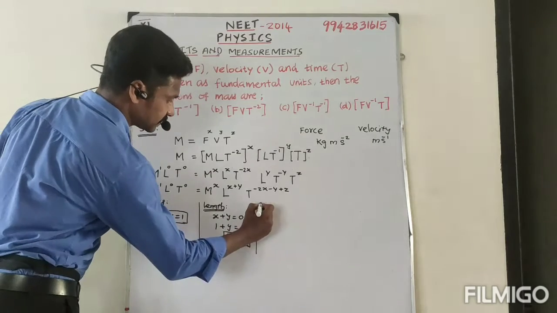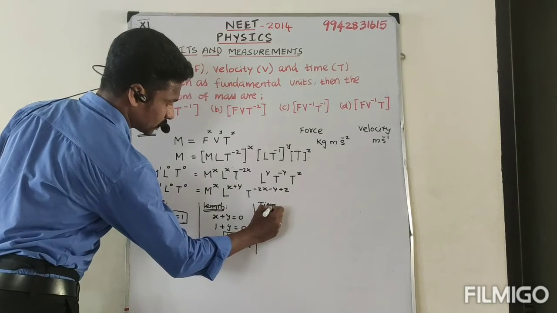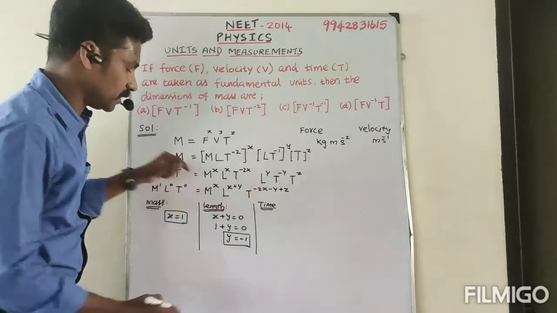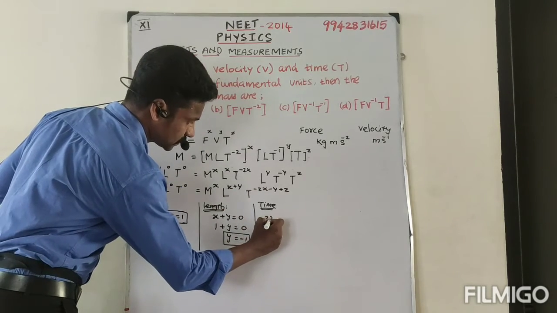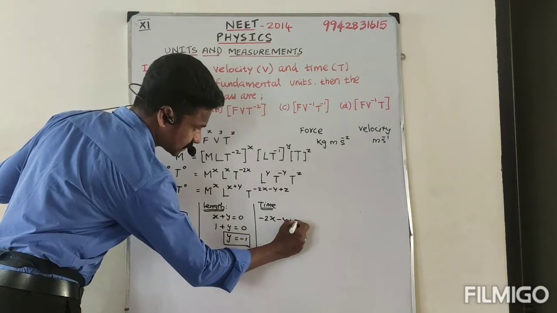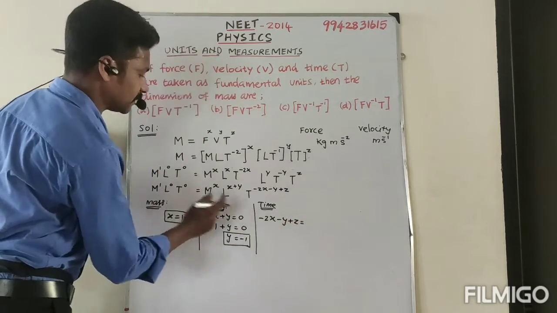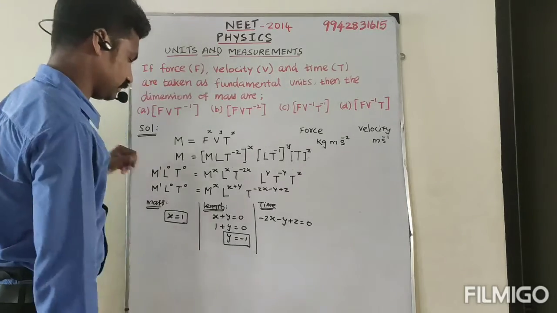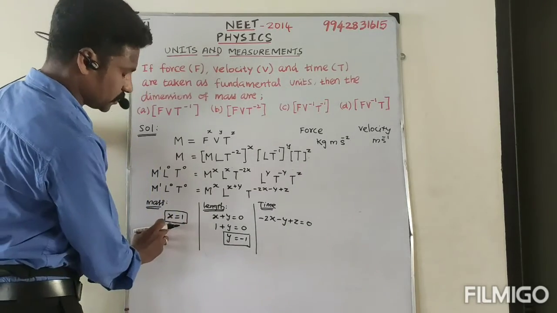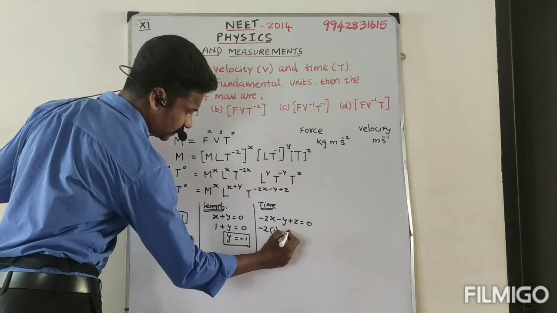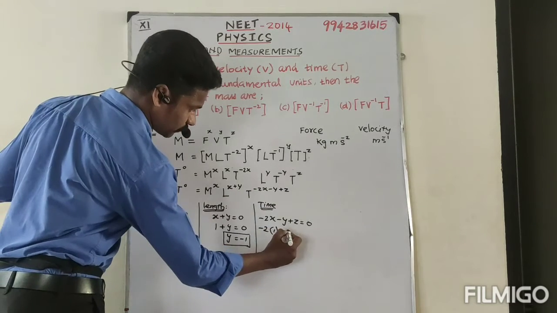Next, let's take the time factor. The power value is minus 2x minus y plus z equal to, here time value is power 0. So now I can write, x value you know is 1. So minus 2 into 1, minus y value equal to minus 1.